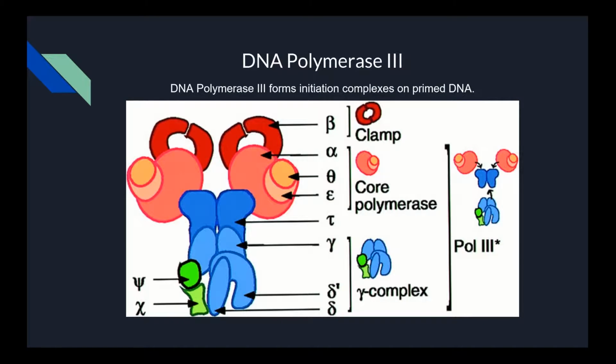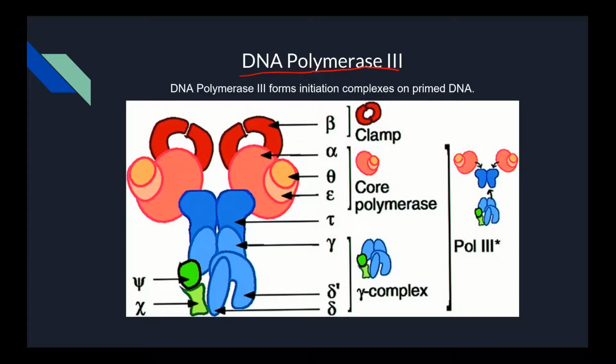All right, we then moved on to DNA polymerase 3, which began the actual process of adding bases. That's the meat of the whole process, DNA polymerase adding the bases, again in the leading strand and the lagging strand.